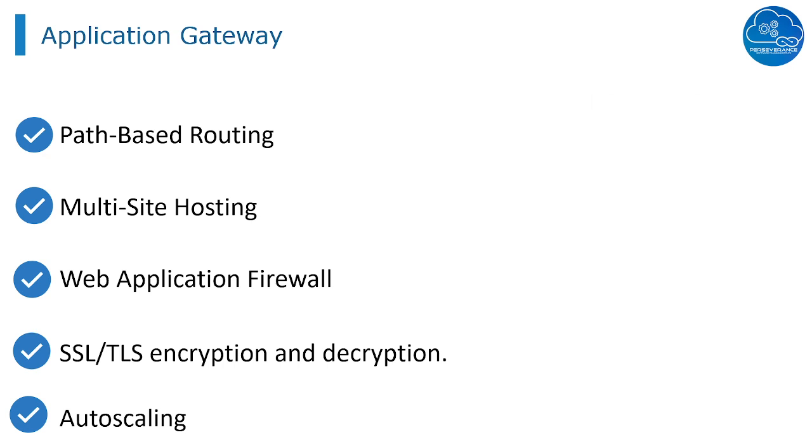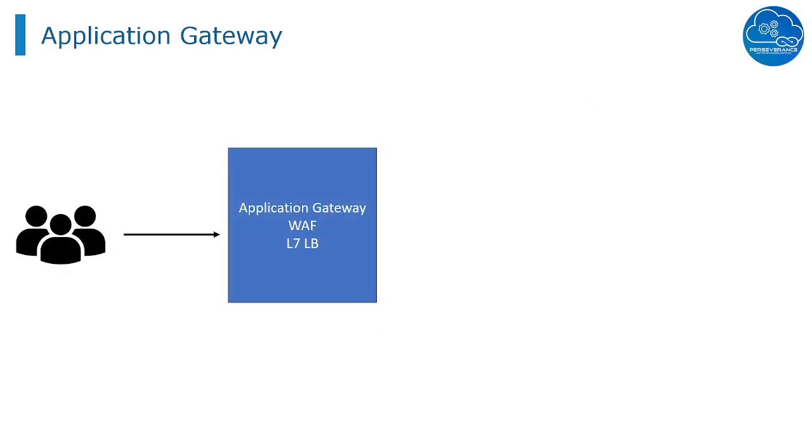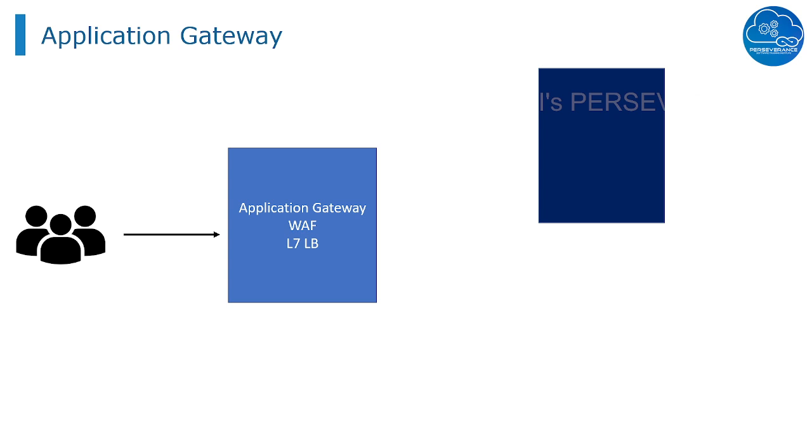Okay. All right, so let's look precisely into the use cases. Let's implement the LB. These are the user traffic, and we have the application gateway, the L7 LB here, which also has the WAF, web application firewall. As I said, based on the path we can route, based on the request.